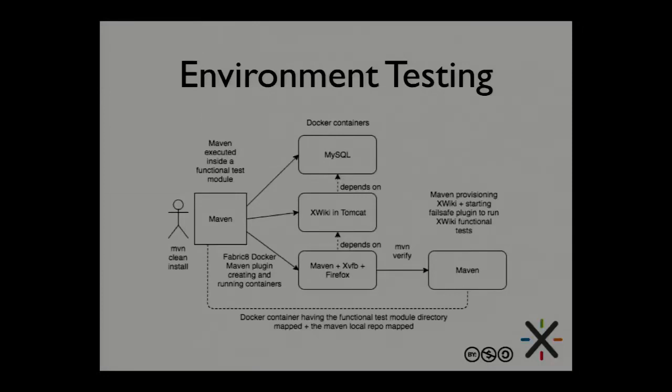We also map your local Maven repository directory to that container. Because if you don't do that, then it will re-download the Earth, and it will take forever. So by doing that, it's a bit complex conceptually, but it allows us to control all the environments up to the client-side environment with the browser.